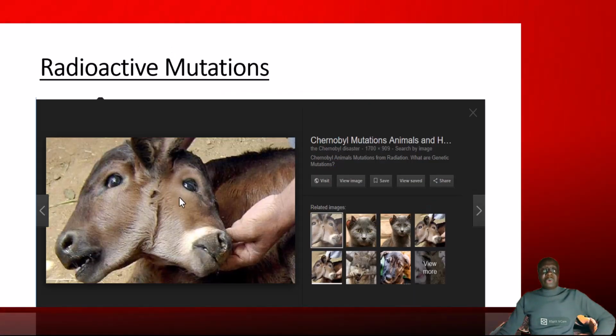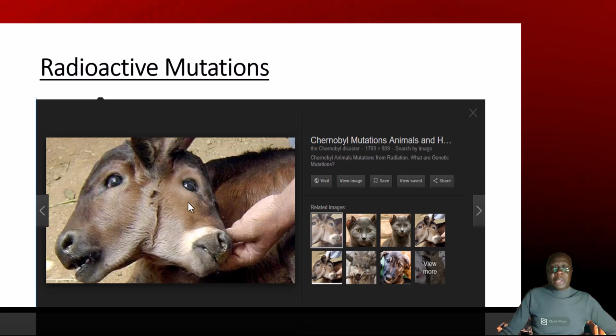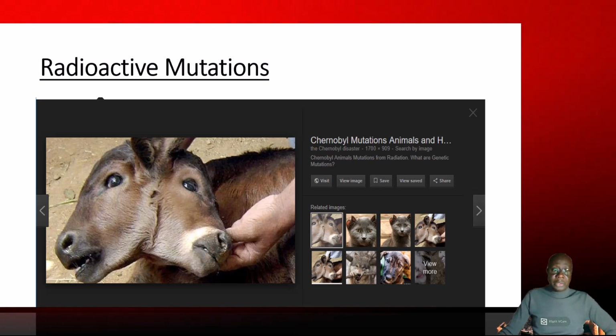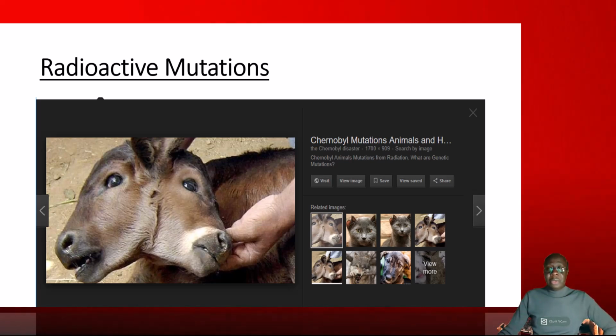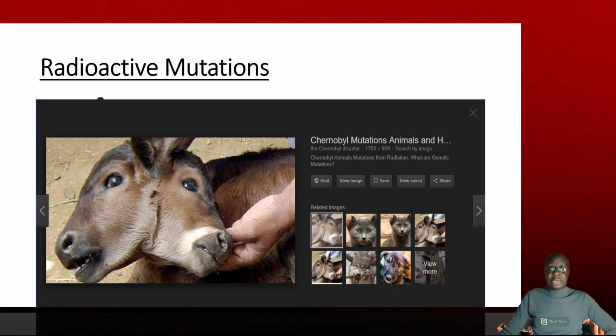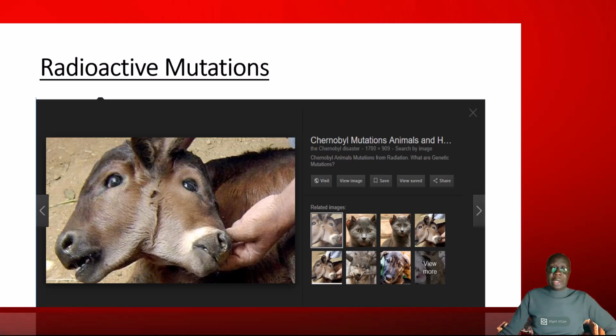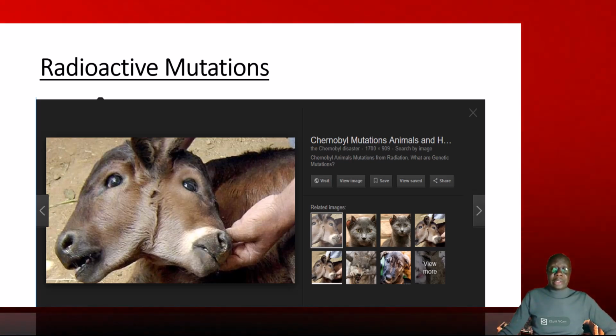Now, this is called radioactive mutation that I have shown in the example lecture that I have put up. This happened in Chernobyl when the nuclear catastrophe happened there. The nuclear power station exploded and contaminated the whole area with radioactive radiations. So the animals that lived in that area were affected due to the radiation.